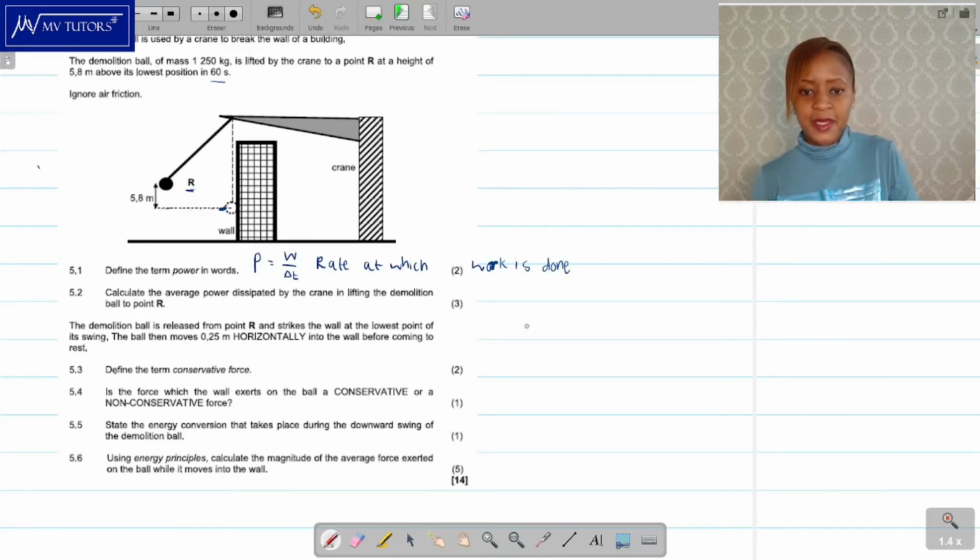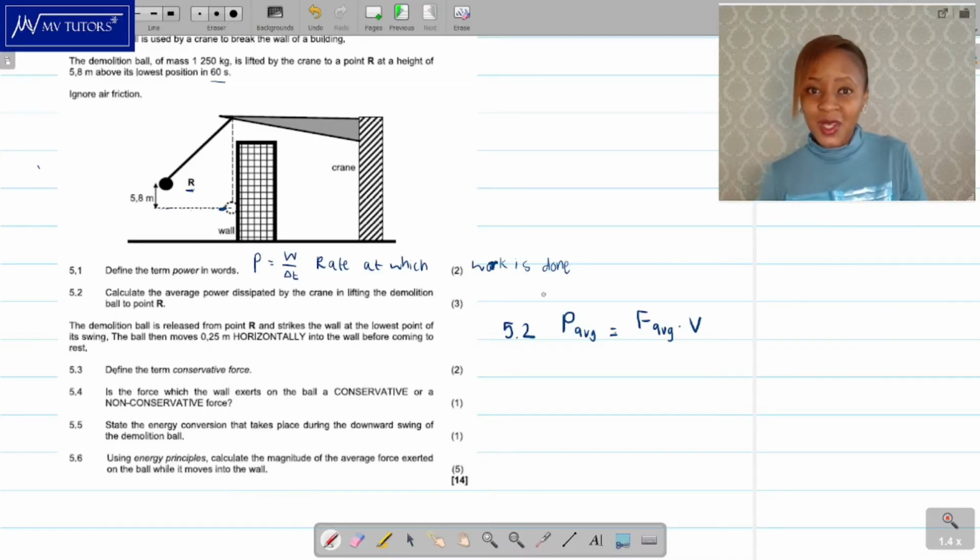So 5.2, the average power, if you look at your formula sheet again, is average force times the velocity. In this case, we are not given velocity, we're given time. But we can actually make a plan.